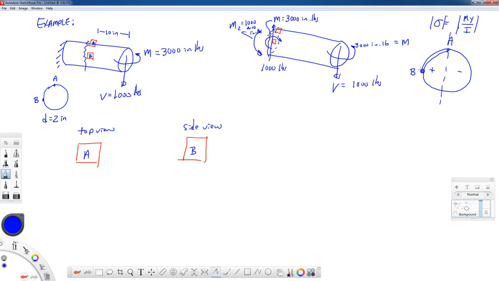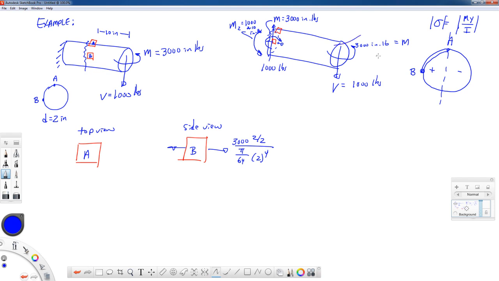The maximum tension occurs at point B. The stress is in the axial direction, so it goes down the axis of the bar. On the side view, it goes like this. The value of that would be the 3,000 inch-pound moment times y, which is half the diameter, divided by the moment of inertia, pi over 64 times the diameter to the fourth power. Again, the moment of inertia equation is something I'll give you on a test for a circle, a square and some other basic shapes.